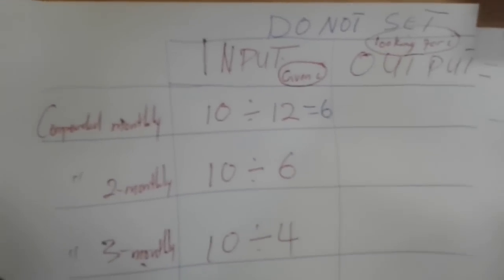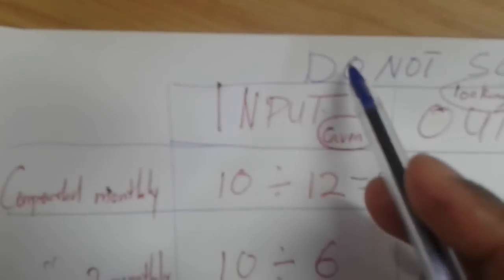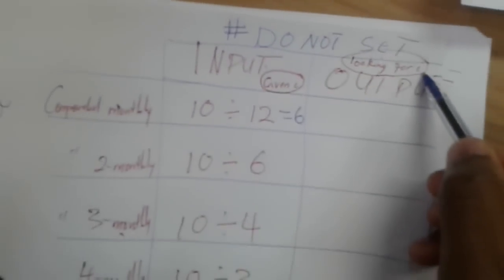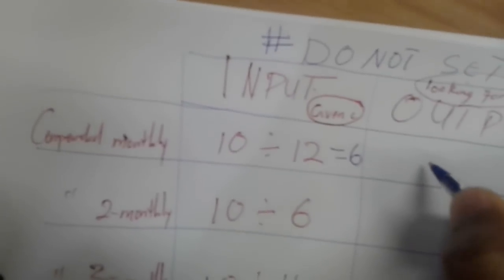It's set at 1 per year. So if you're dealing with months, whatever answer you get here is a monthly rate. Once again, this is only applicable to those who do not set their calculators. So, if you are looking for I, that means you must multiply.